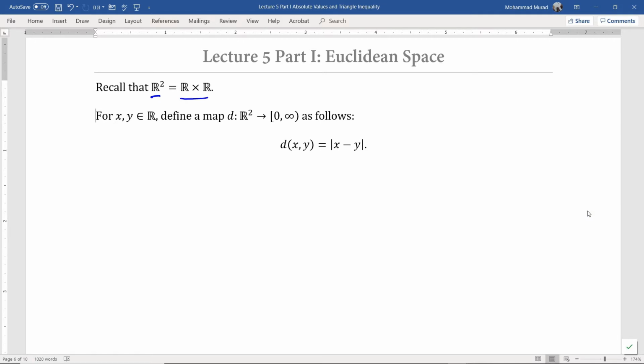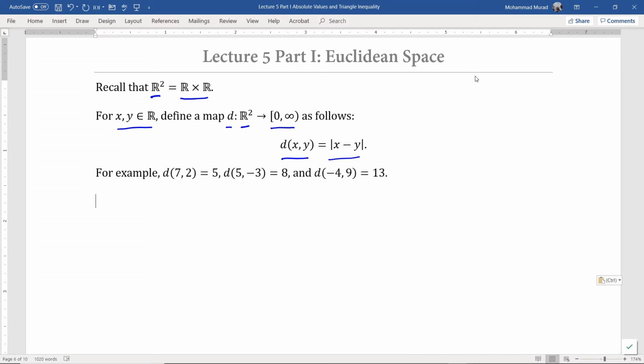Now for x and y real numbers, we define a map D from R2, the set of all ordered pairs, into the set which is the semi-infinite closed interval, an unbounded interval, as follows. D of x comma y equals the absolute value of x minus y.